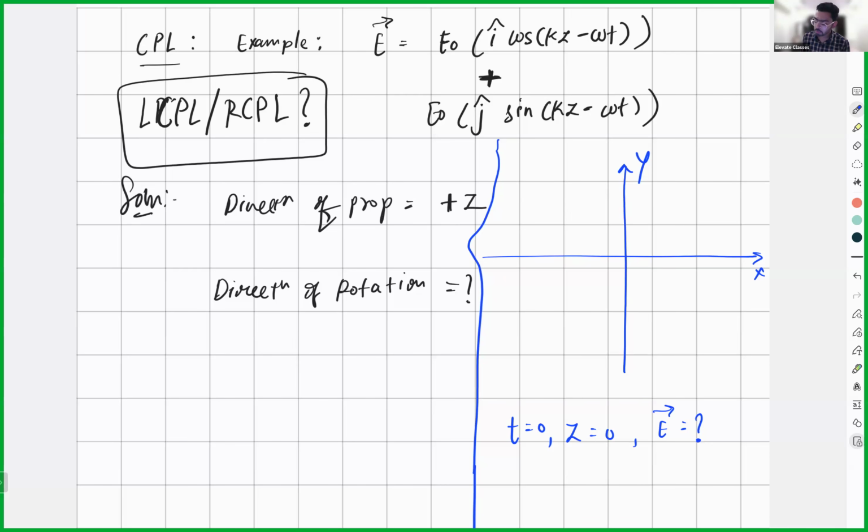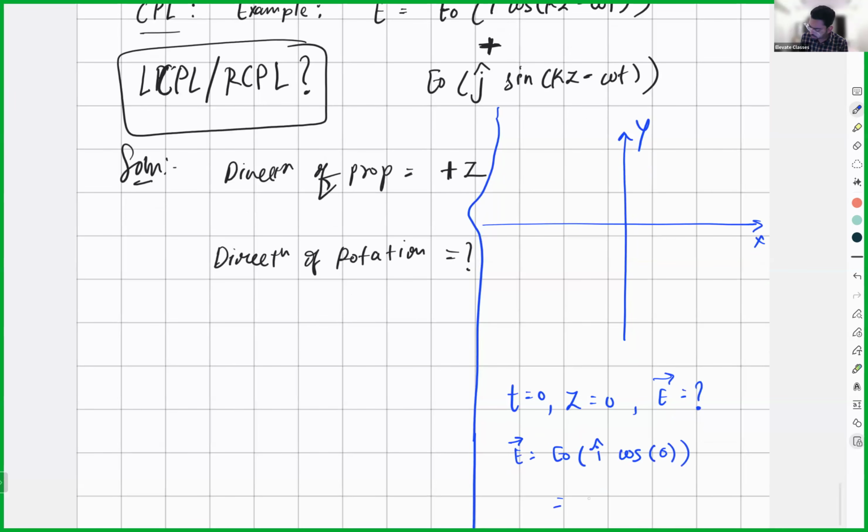So the sine argument will become 0. So sine 0 becomes 0. So there won't be any j cap. So there will only be i cap, right? So I'll have the electric field vector as E naught into i cap cos of minus omega t, sorry, minus cos of 0, plus 0 because the j cap term becomes 0.